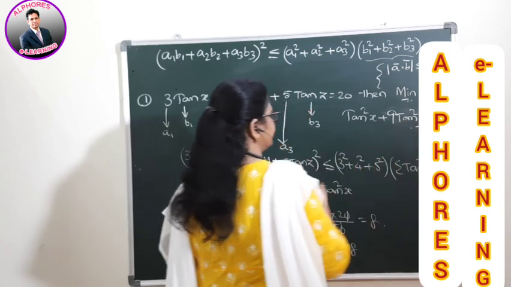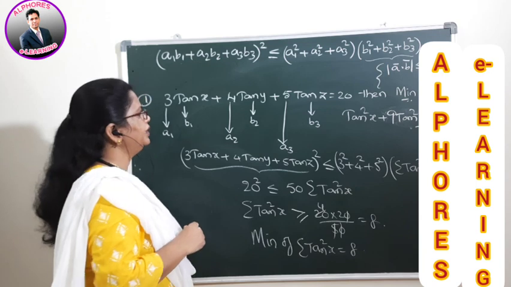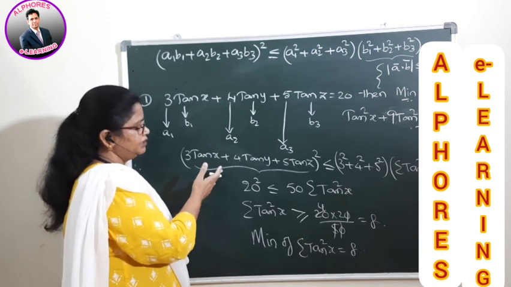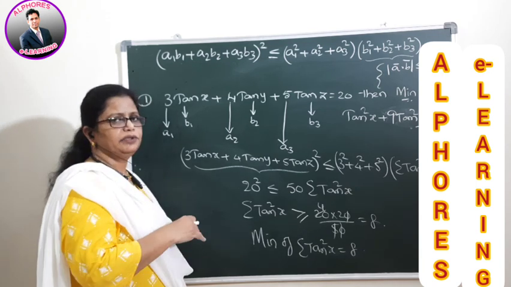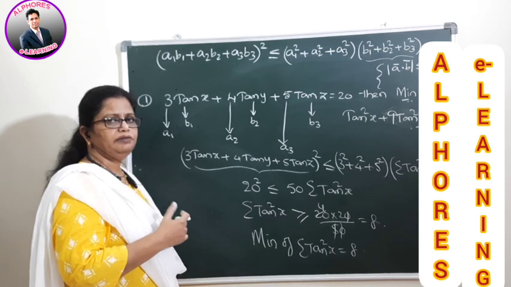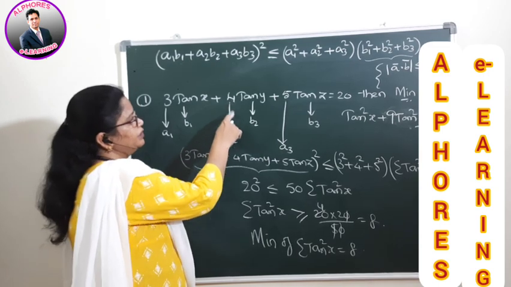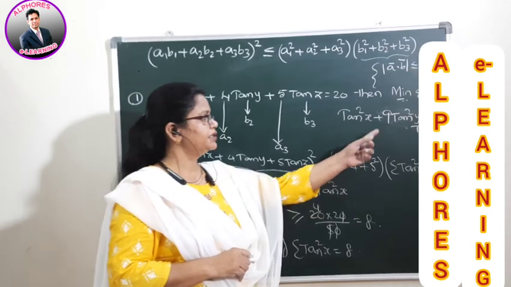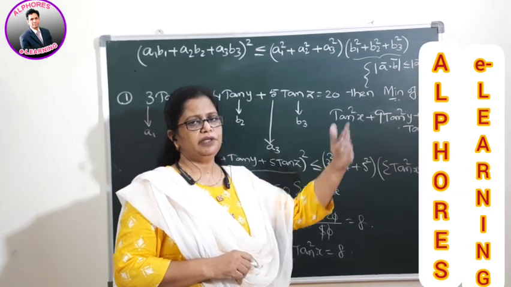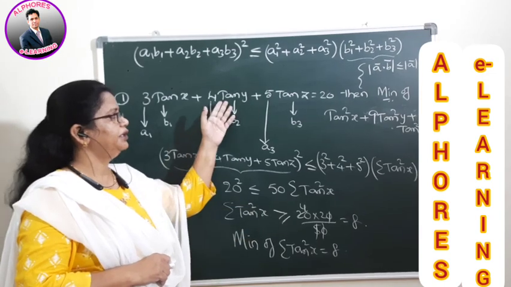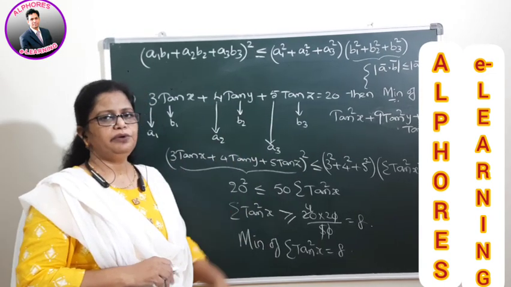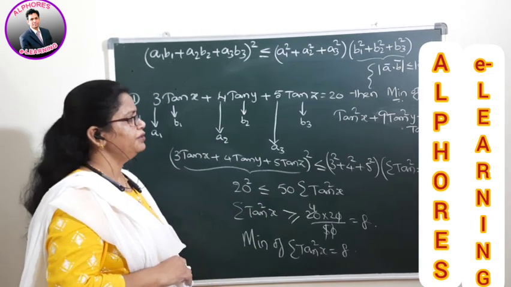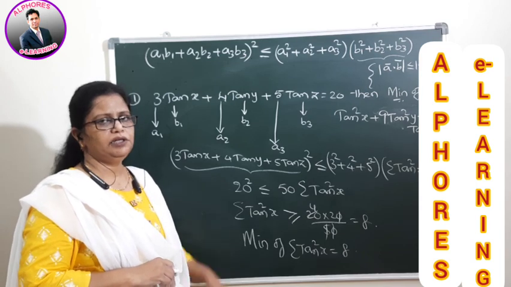If they ask in this way, then you may think that in the earlier problem it was comfortable because we had separated all the values. Whereas in this problem, if I separate in this way, you have an extra 8 tan square y. That means already 1 tan square y is there, and still more value you are getting.